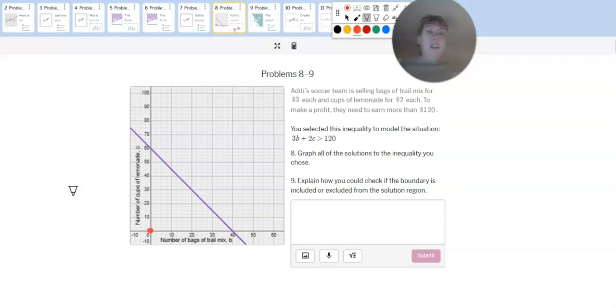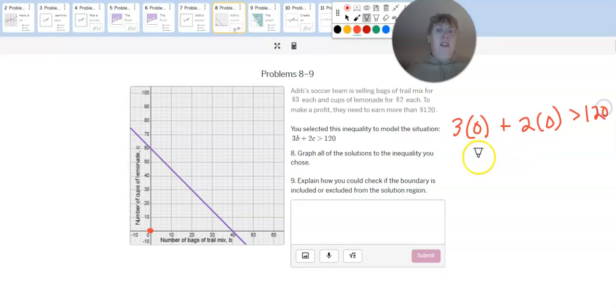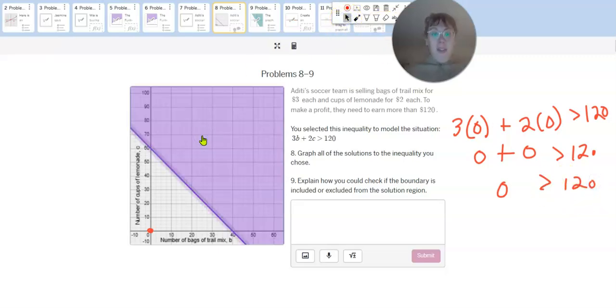If they sell 0 trail mix and 0 lemonade, are they going to make $120? Definitely not. They're not going to make any money, right? 3 times 0 plus 2 times 0 is just 0 plus 0, which is 0, which is definitely not greater than 120. So we're going to want to shade above.